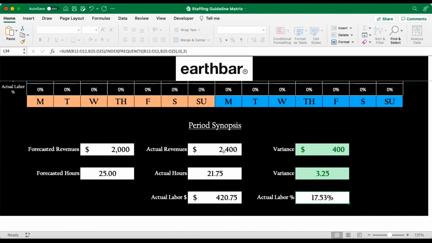Well, this is going to give you a real good indicator of where you stand, at least as far as your labor goes and your forecasted revenues. You can certainly look in SeeToIt, but as we all know, it can be really good and sometimes really cumbersome and tough to get into to understand with all the reports in there. This simplifies at least the labor portion of it, so you can see exactly where you stand at the end of the period.